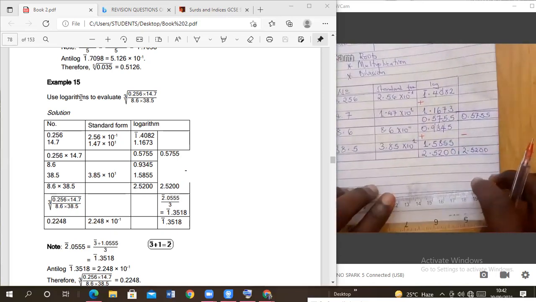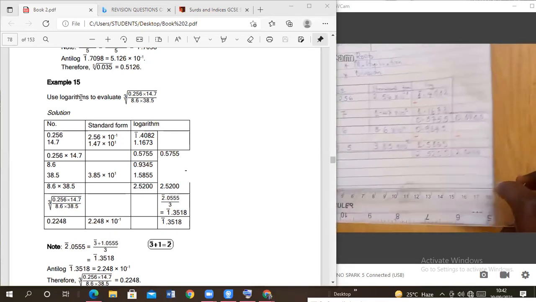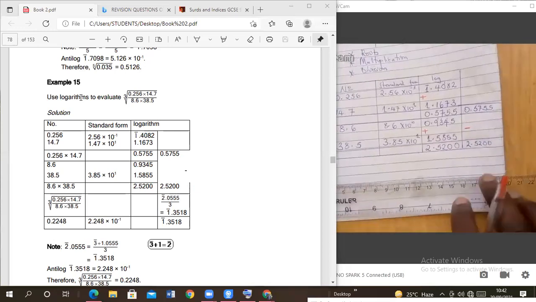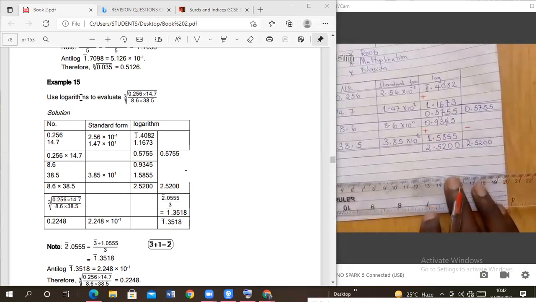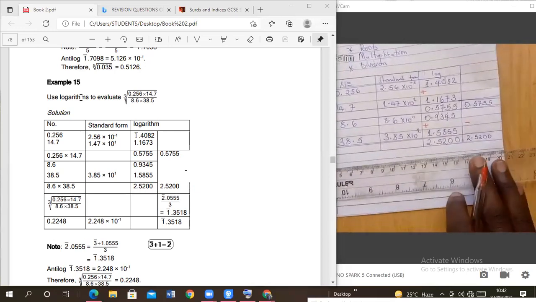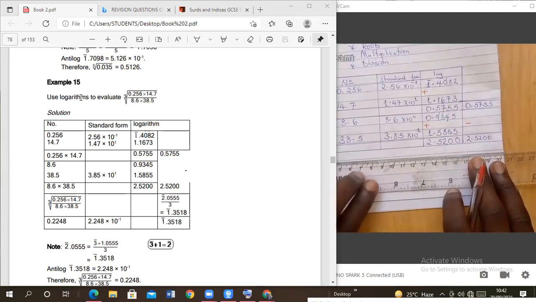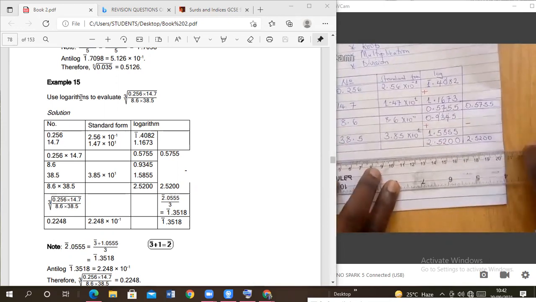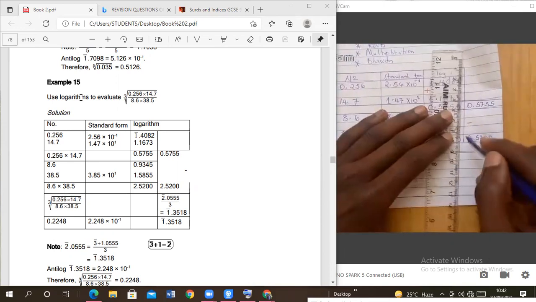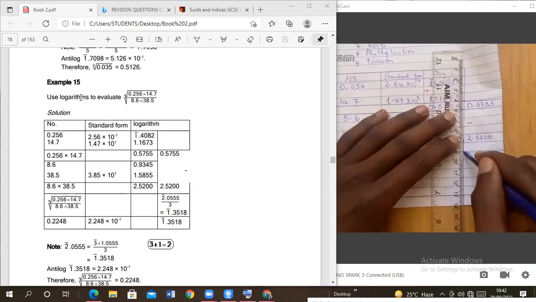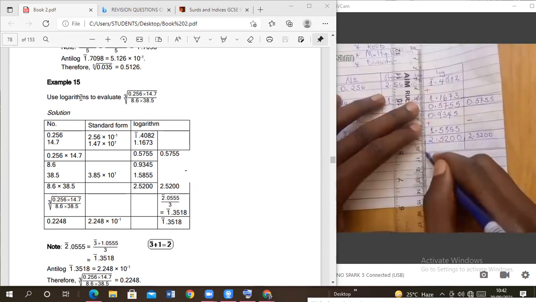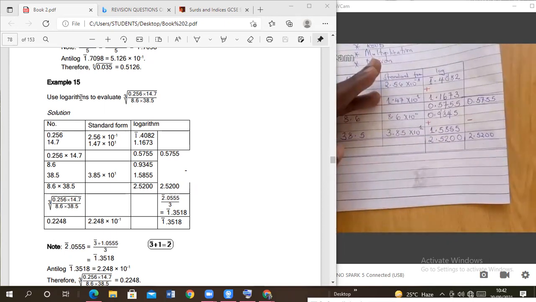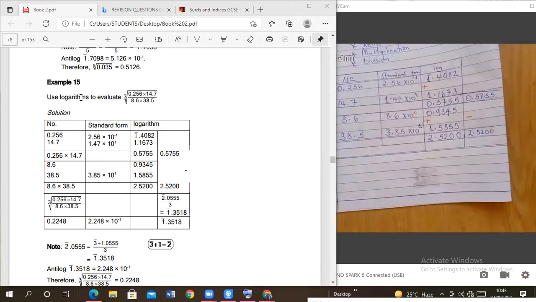Let me extend this line here, okay? Members? Yes, teacher. We are subtracting.